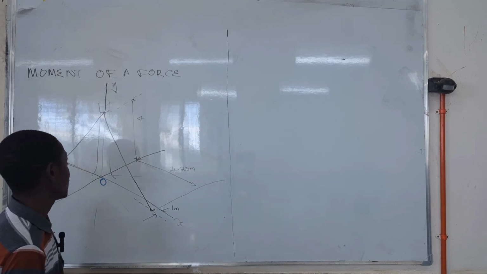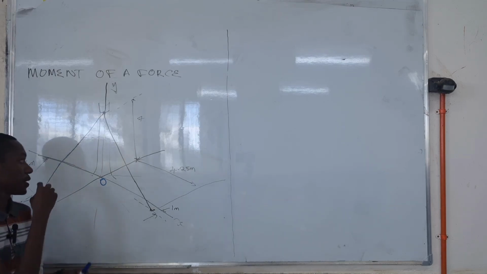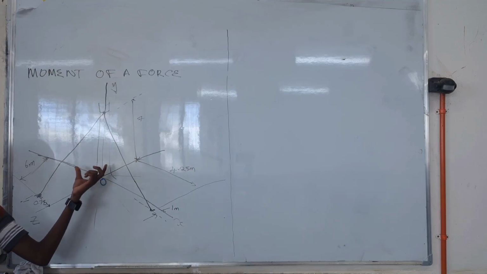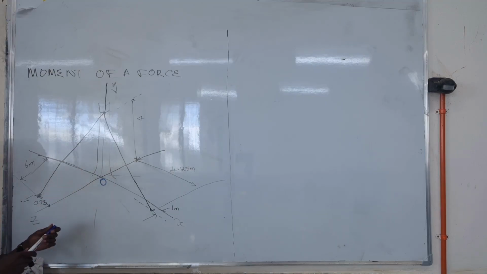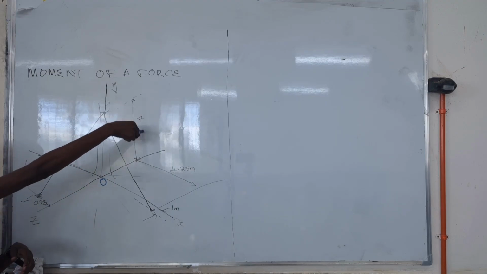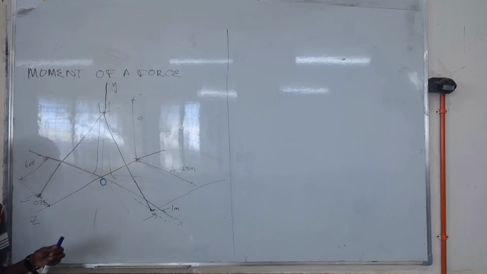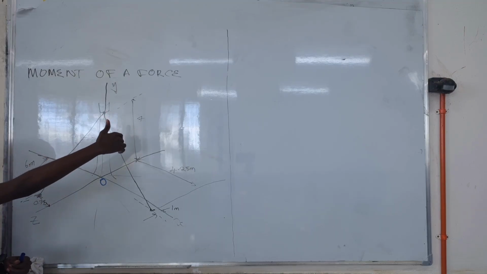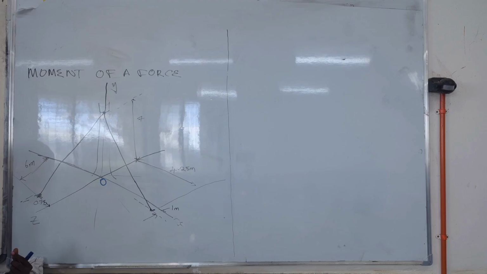Imagine a tall tree you want to cut, and you don't want it to fall this other side. You want it to fall this side. So you've tied it with ropes. These ropes are exerting a force.